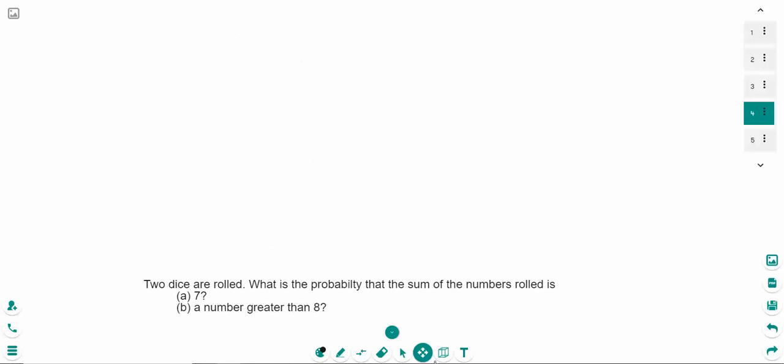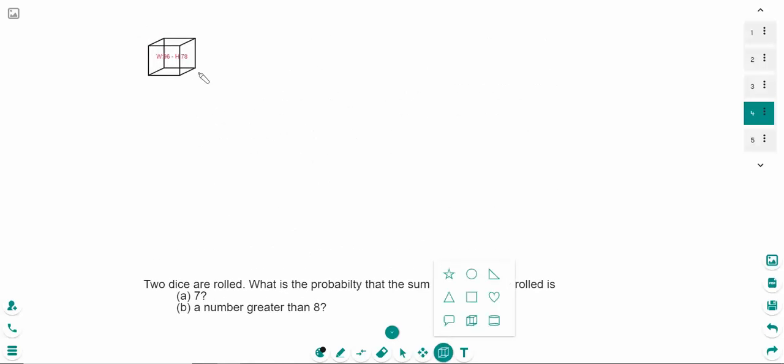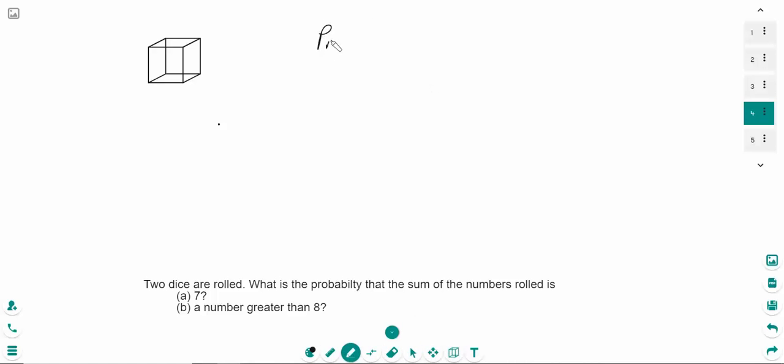Let's say I have a single die, and I want to know the probability of rolling a 4.